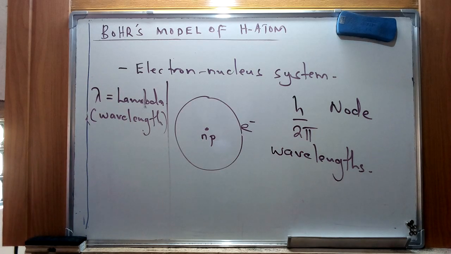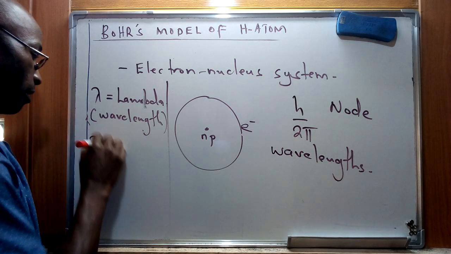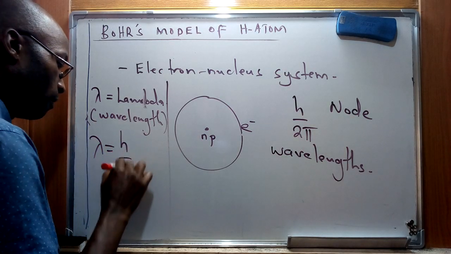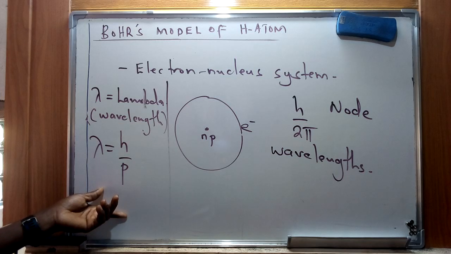Therefore, it's going to have a wavelength, which was given using lambda as h over p, where p represents the momentum.